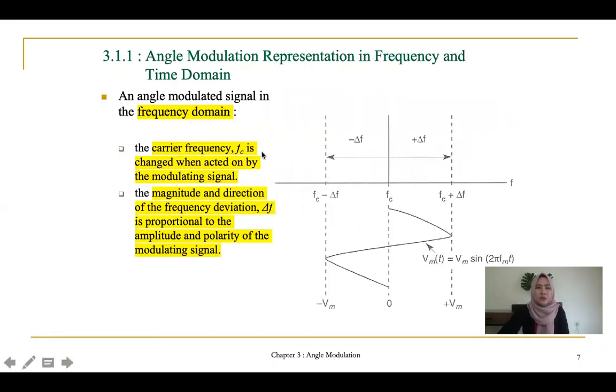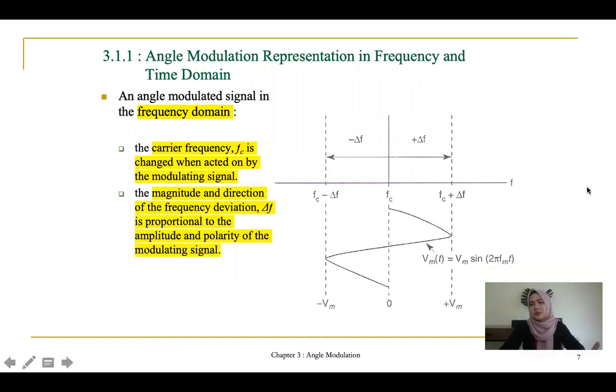If you look at here, this is the angle modulation representation in frequency domain, or we can call it the frequency spectrum. If you remember in chapter 2, we just look at this part.